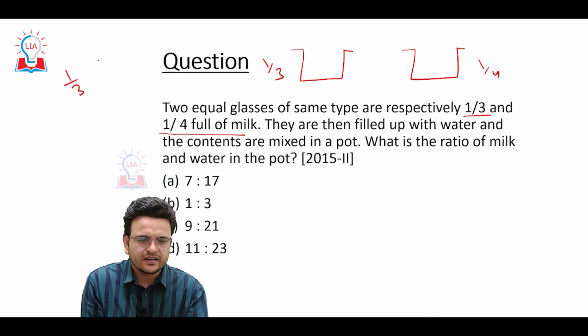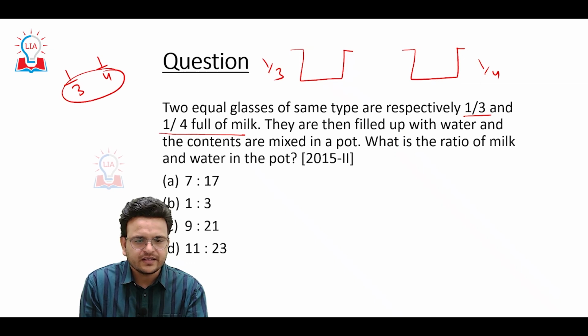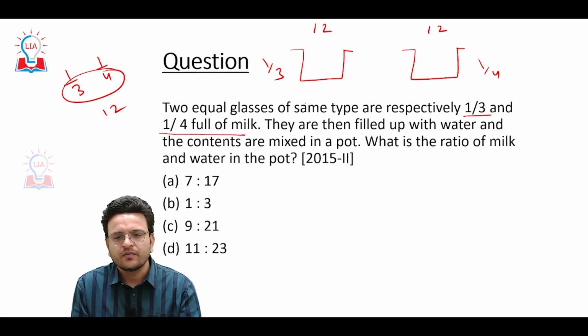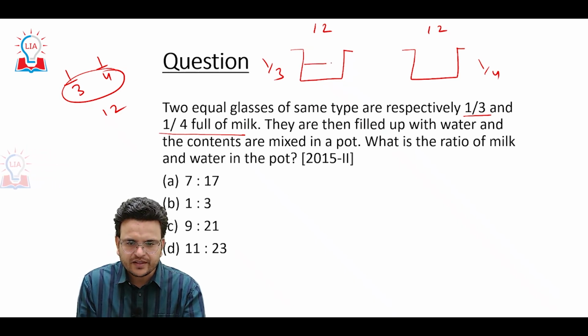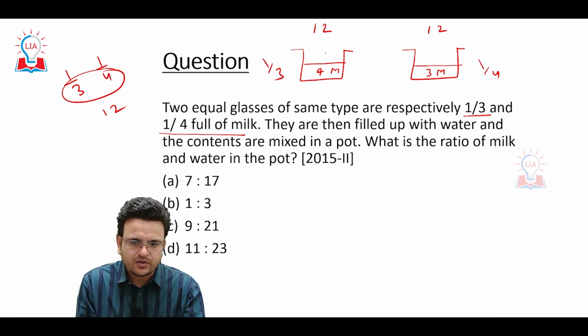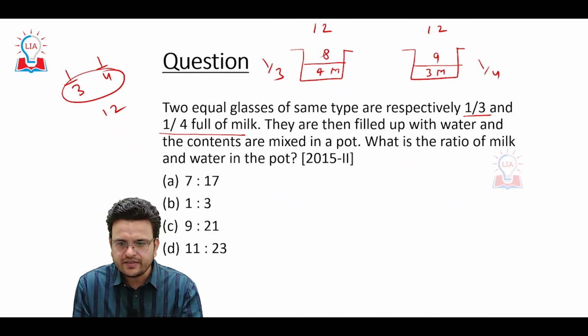Do one thing: we can take the LCM of 3 and 4, that is 12. So 12 liters here, 12 liters here. 1/3 of 12 is 4 liters of milk here, and 3 liters of milk here. The remaining will be water, and the remaining will be water.